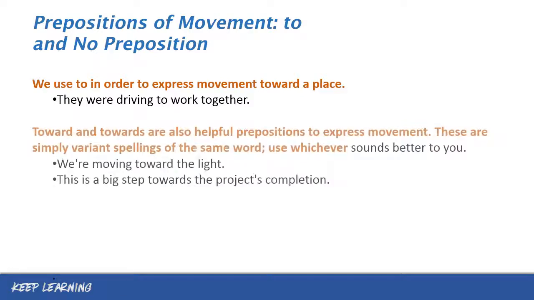We use to. Toward or towards are also helpful prepositions to express movement, and they're the same thing, just two different spellings for the same idea. We're moving toward the light. There's a big step towards the project's completion. You see, it means movement.